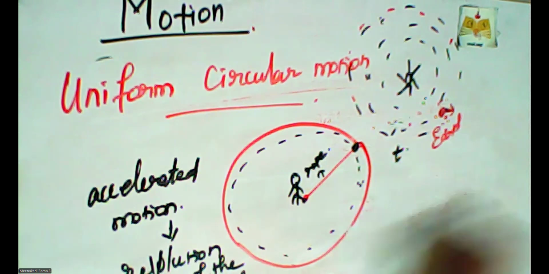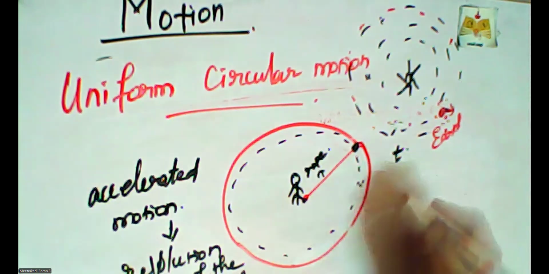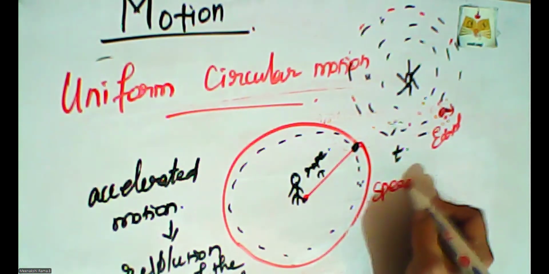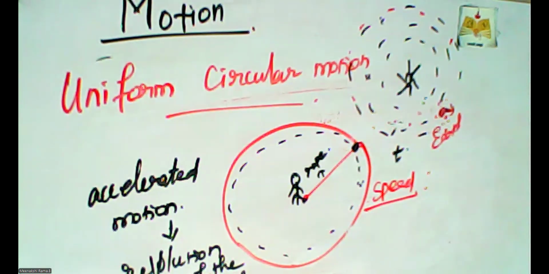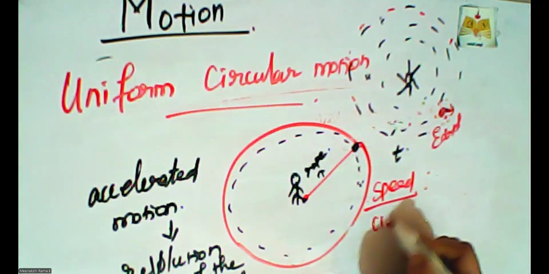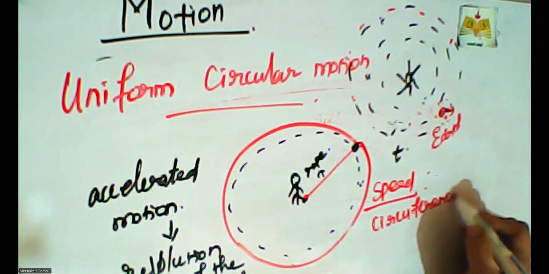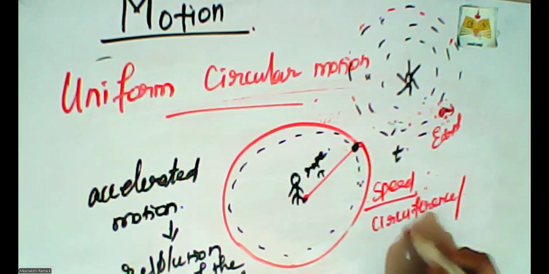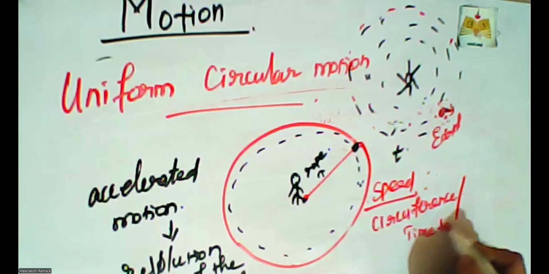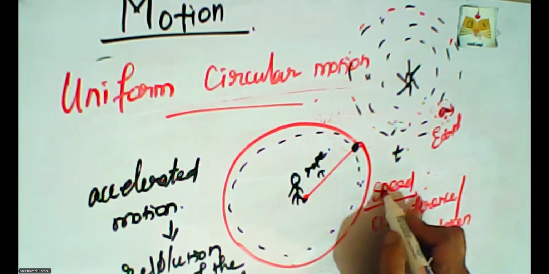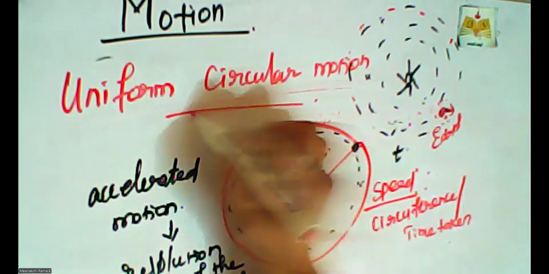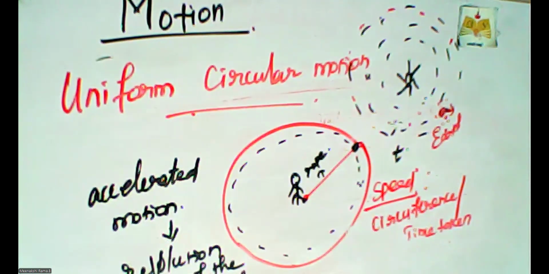Speed in circular motion: how can we calculate it? Circumference by time taken is the formula to calculate the speed in uniform circular motion.